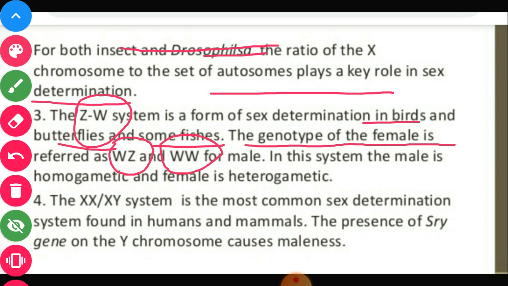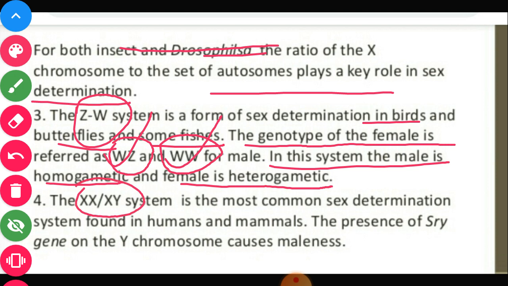In this system, the male is homogametic because they produce similar gametes, but female are heterogametic, producing two types of gametes, Z and W. And the other is XX or XY type. It is found in human and other mammals. If the sperm containing X fertilizes the ovum, it develops into female, and if the sperm containing Y chromosome fertilizes the ovum, it develops into male.